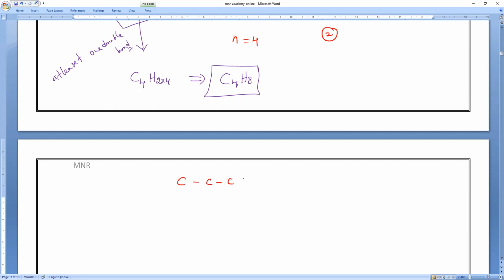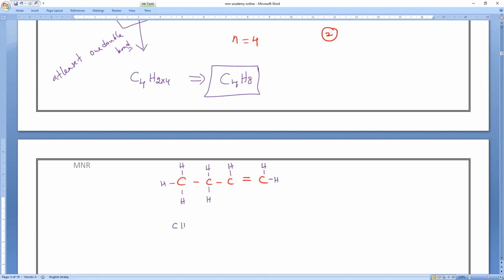So 4 carbons. First I am putting the double bond at the last carbon. Balance the hydrogens. First carbon, how many hydrogens? 3 hydrogens. Second carbon, 2 hydrogens. Third carbon, already 3 bonds are over, so 1 hydrogen. Last carbon, 2 hydrogens.